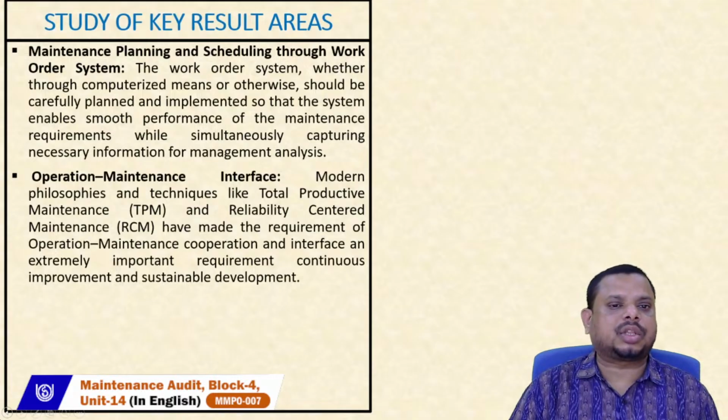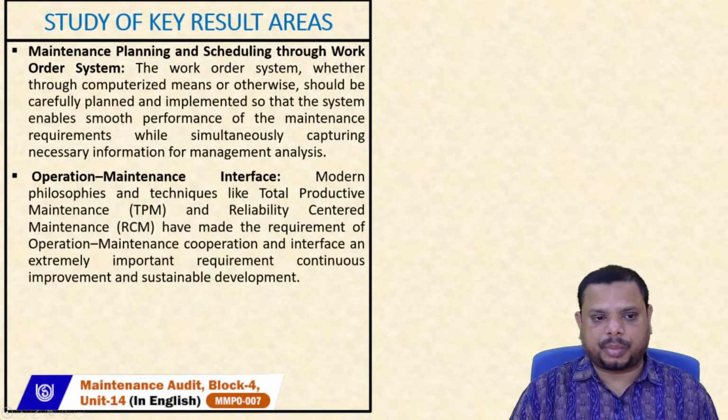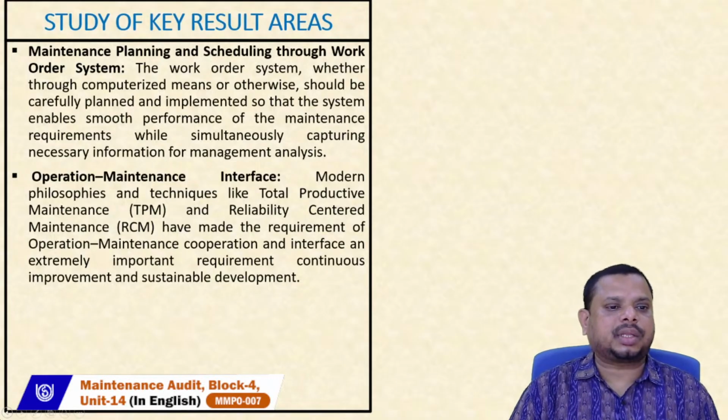The purchase department of any organization carefully analyzes the computerized system for various work orders dedicated to maintenance requirements, in case of spare parts, or purchase of machines or new equipment. So they capture various information for management analysis.